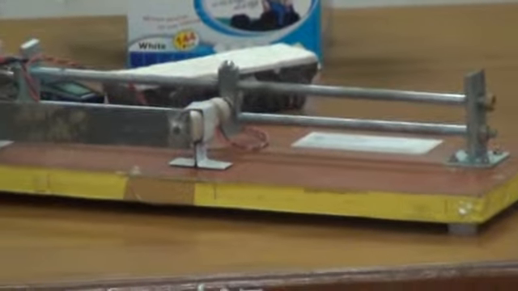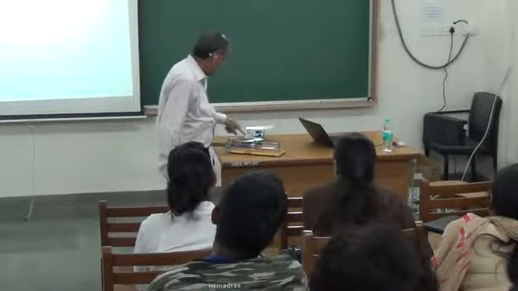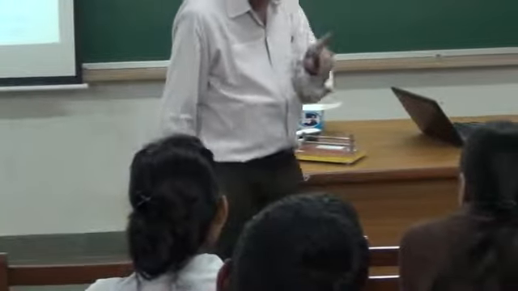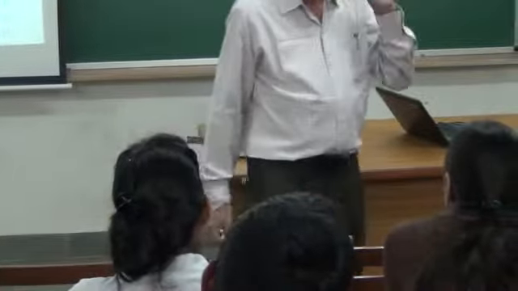So it will exert an attractive and repulsive force. But you must remember, because this has an iron core, the magnetic field produced by it does not vary linearly with the current.